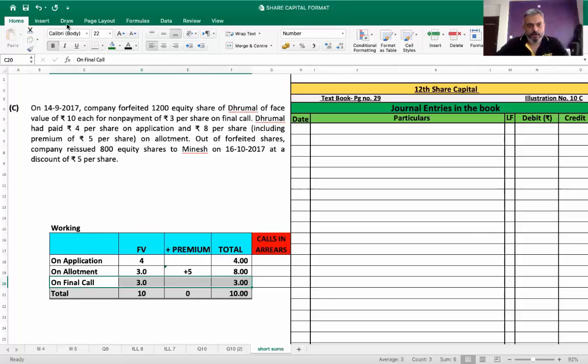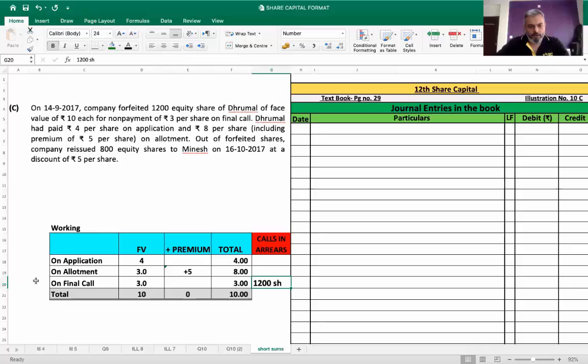So for 1200 shares, he did not pay the final call. So I'll mark it cross over here. It means we have to keep this in mind. So I'll mark it red.